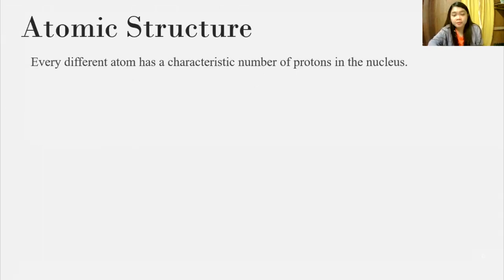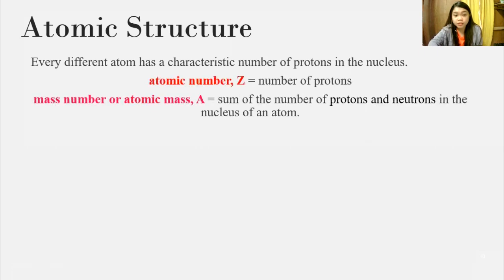Atomic structure states that every different atom has a characteristic number of protons in the nucleus. To further understand this concept, we will be familiarizing two terms, the atomic number and the mass number or atomic mass.